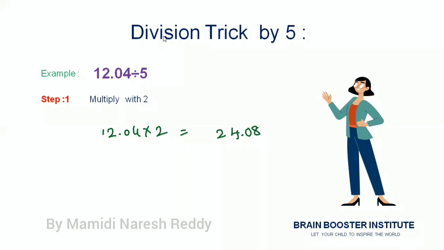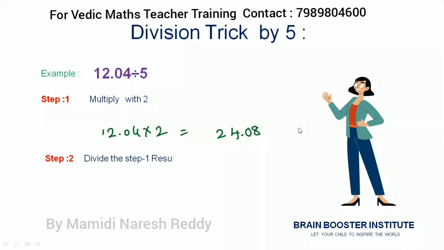So the next step, my friends, divide the step 1 result by 10. 24.08 by 10. My friends, here 24.08 by dividing with 10. As we are dividing with 10, this point moves to the left side by 1 digit, as there is one zero in the denominator.